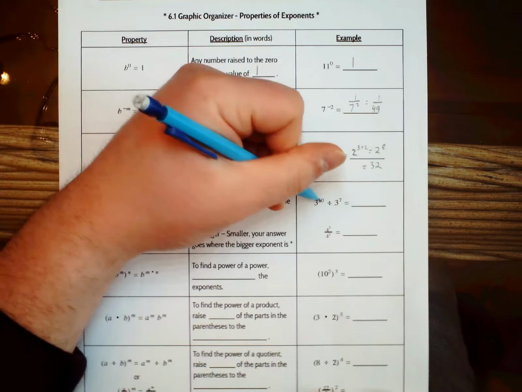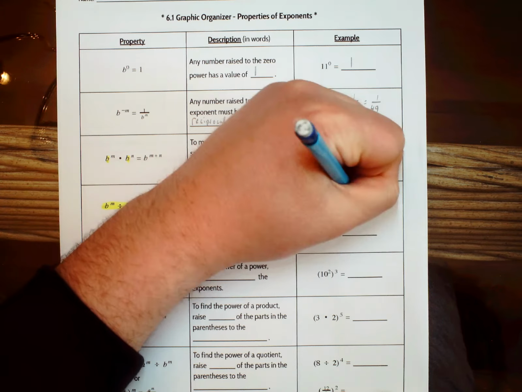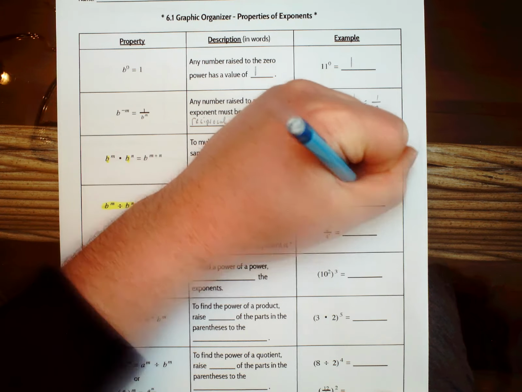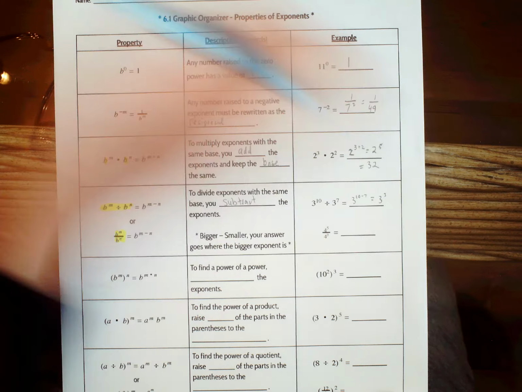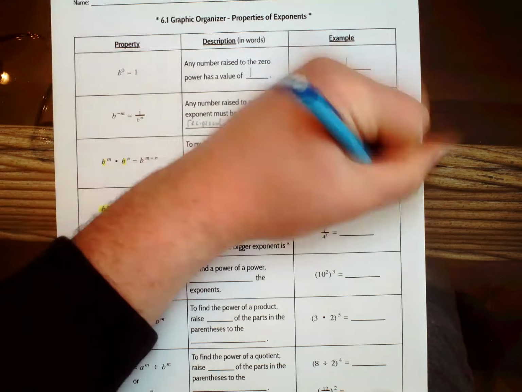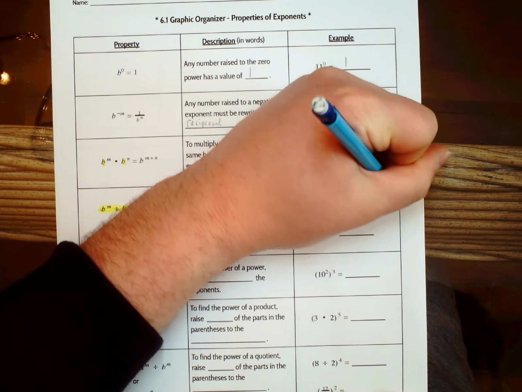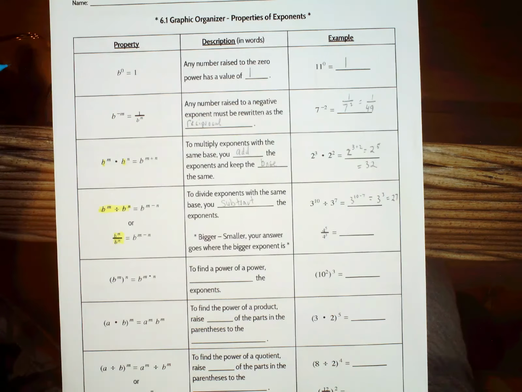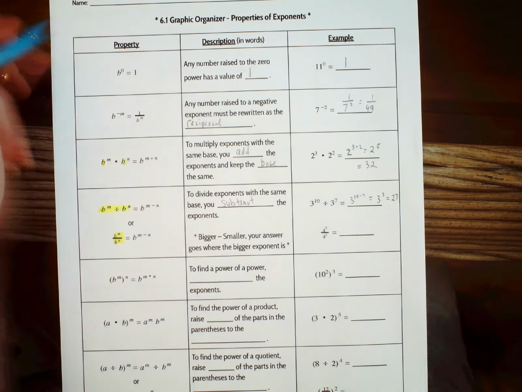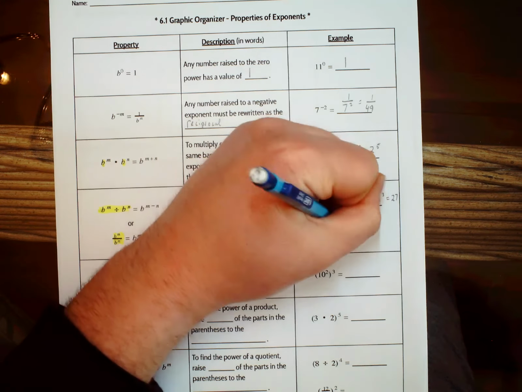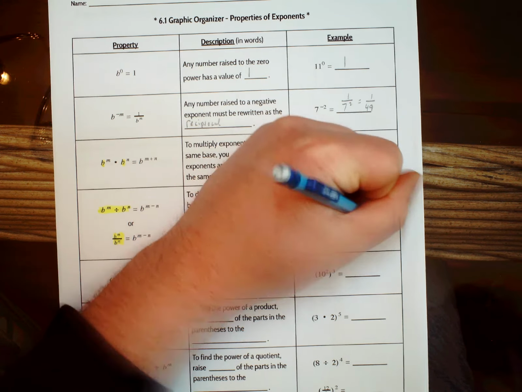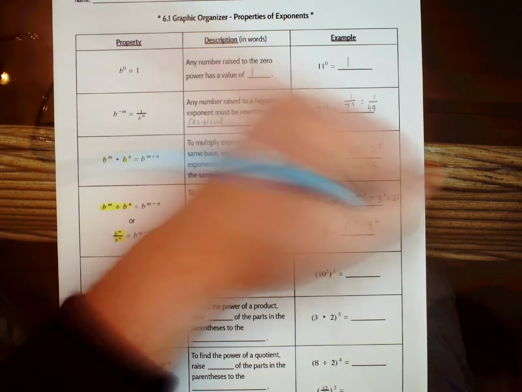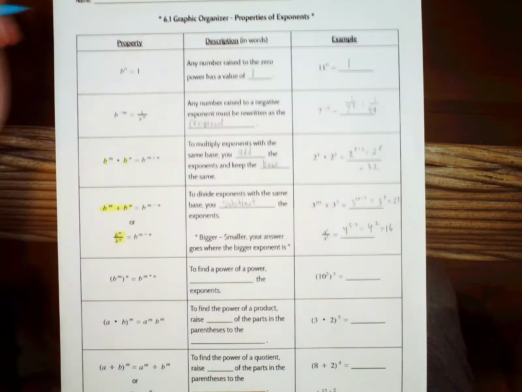So this is really 3 to the 10 minus 7, which is 3 to the third, which is 27. And this one right here is now 4 to the 5 minus 3, which is 4 squared, which equals 16.